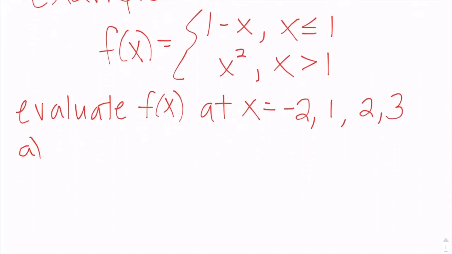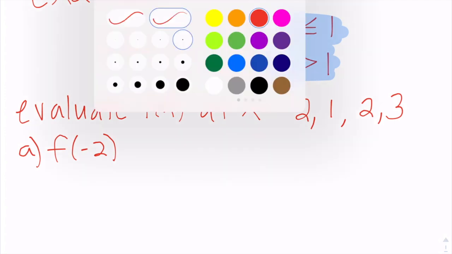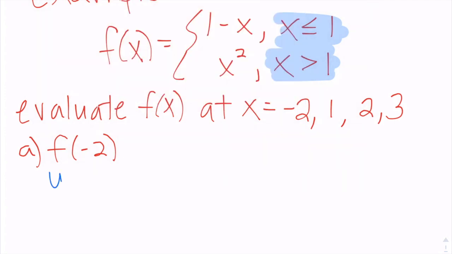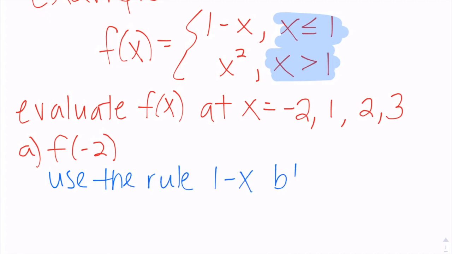And so first we're going to evaluate f of -2. We need to look at the domains up here and determine which one is true if we use the value of x equals -2. Well, we're going to use the rule 1 minus x because -2 is less than or equal to 1.